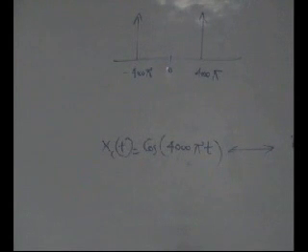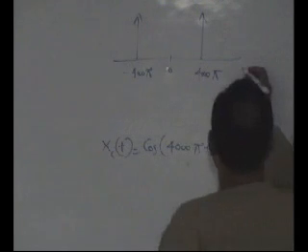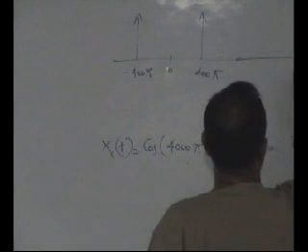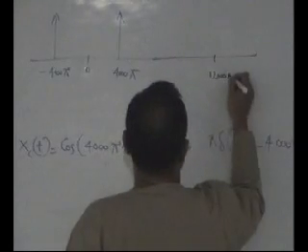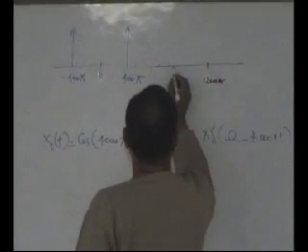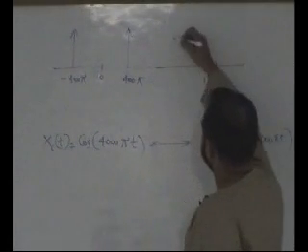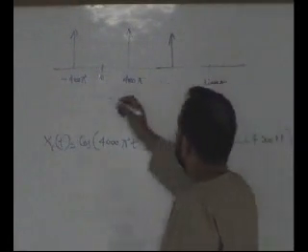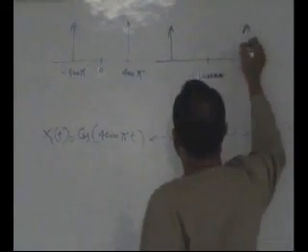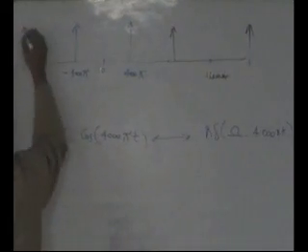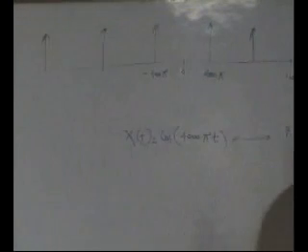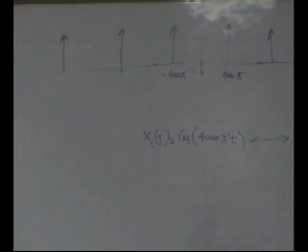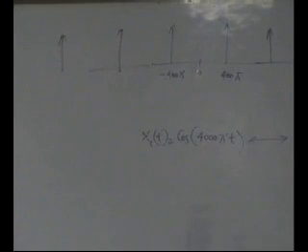So it's simple. Let me draw this with another color pen. So it is 12,000 pi. Going 4,000 here will be 8,000 or something like this, and similarly 4,000 here. Let me make sure it is in example 4.1. The sampling frequency is 12,000 pi.